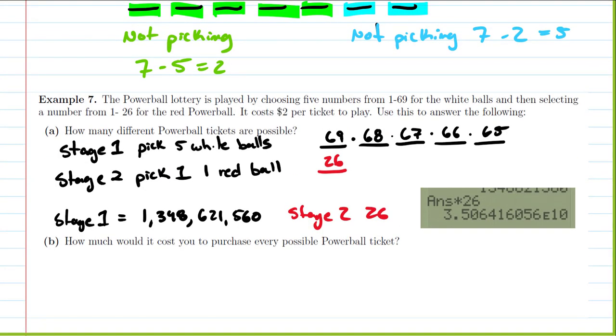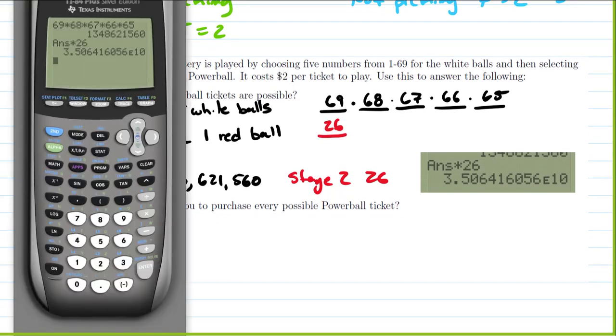So how many possible lottery tickets are there going to be? Well, let's see. 9 zeros is a billion. So 10 zeros is going to tell us that this is like 35 billion possible lottery tickets. So then for part B, how much would it cost you to buy every possible Powerball ticket? Well, there's 35 and some change billion at $2 a piece.